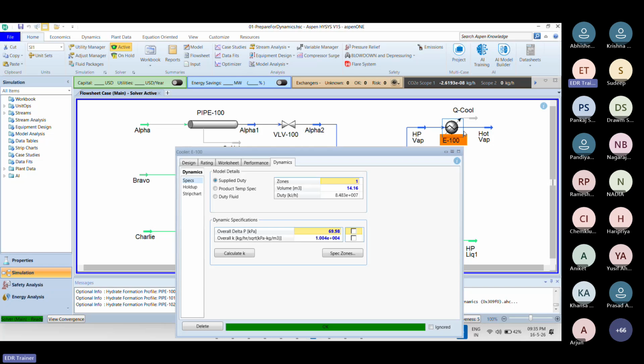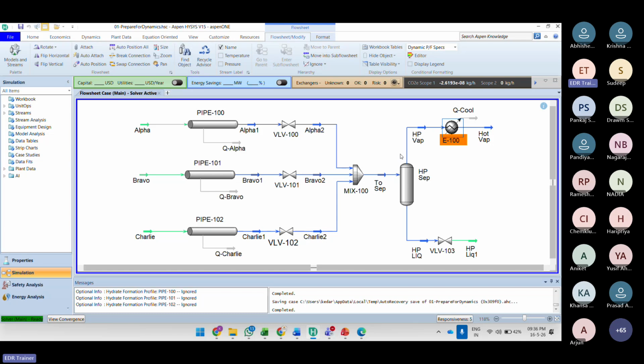So we have to have a K value calculation. The calculated K value has already been calculated. If it is not calculated, just click on this button and it will calculate the K value, and then select the K value here. That gives you the resistance equation for the exchanger as well.